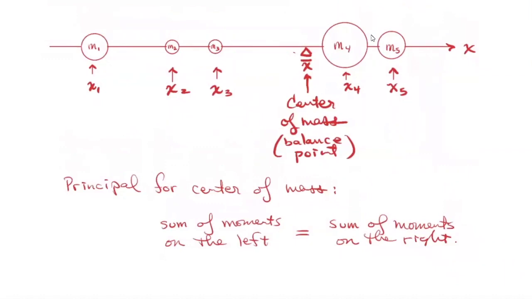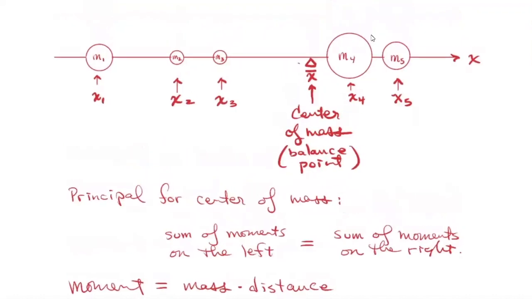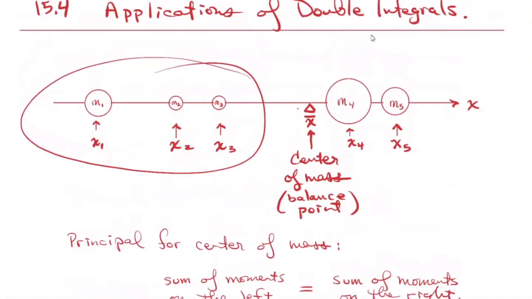So moment is equal to mass times distance. Okay, and I think it was Archimedes who figured this out first, and he was the guy working with the whole notion of leverage. That, you know, these three little guys on the left can lift these heavy masses on the right if they have a lever that's long enough.